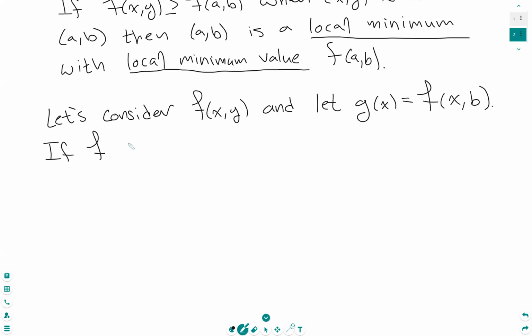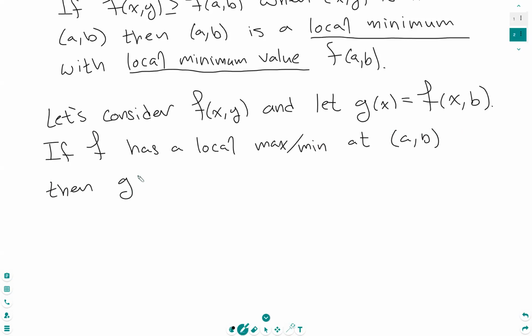If f has a local max or a min at the point (a, b), then the function g(x) has a local max or min at x equals a.